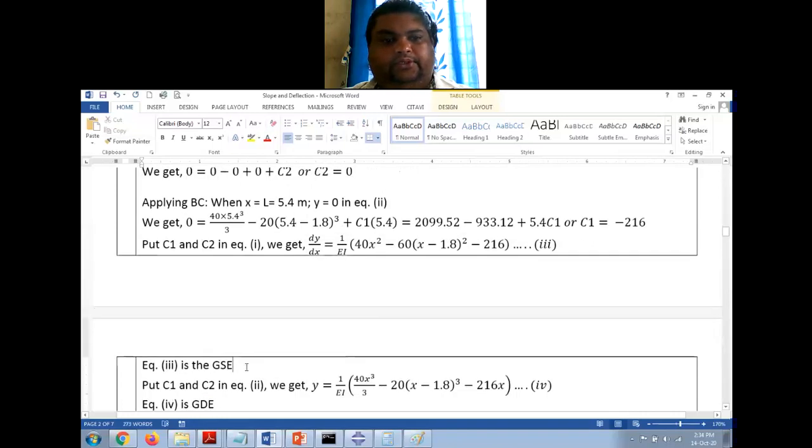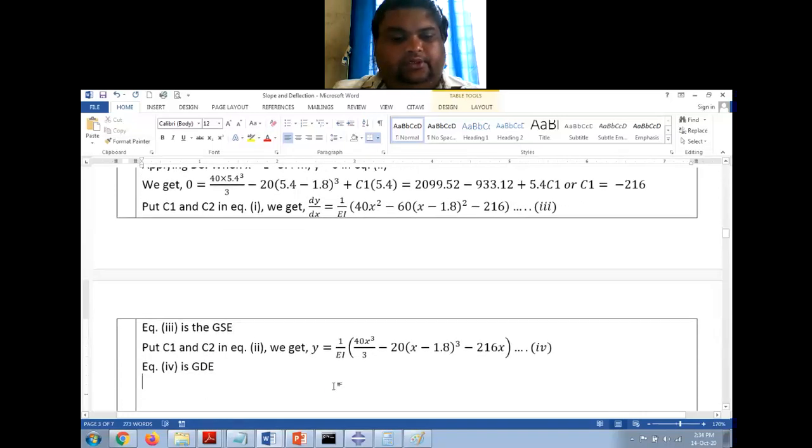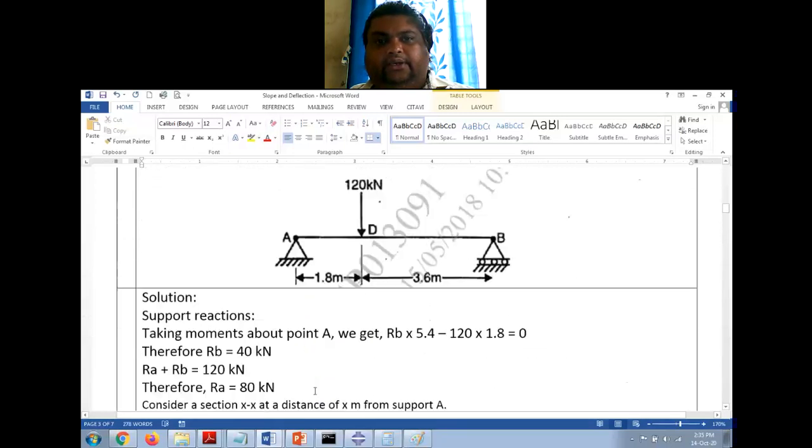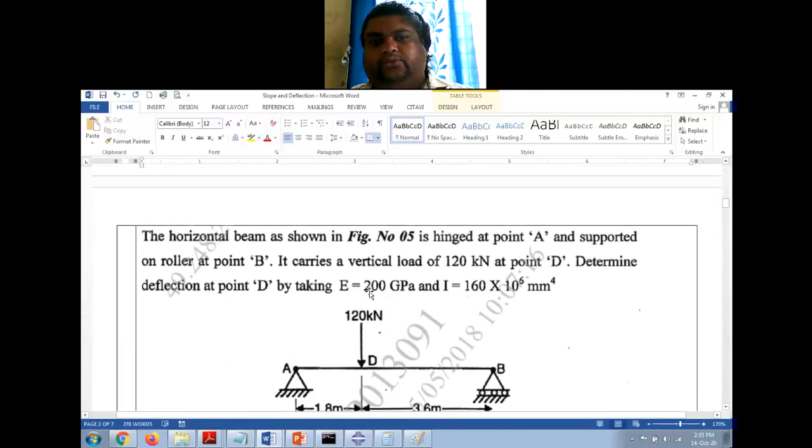So now let me just do this. Deflection at D is equal to, x is equal to 1.8 meter. So in this expression you put x as 1.8, you will get the value of deflection. Now I have to calculate. E is 200 GPa, so it is 200 into 10 raised to 6, and I is 160 into 10 raised to 6 mm raised to 4.